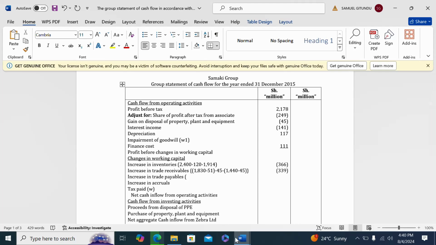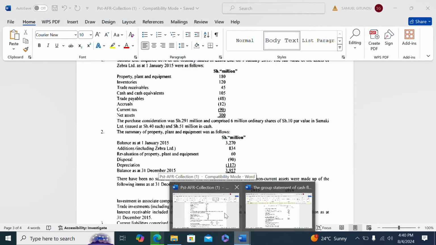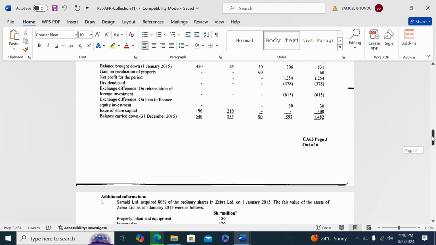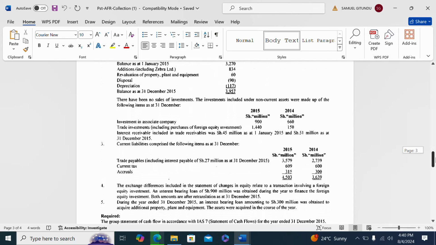Then we go to increase in trade payables. So we check how much was the trade payables at the beginning of the year and at the end of the year. From the balance sheet, all the current liabilities have been combined, but in the additional information number 3, the current liabilities have been split into their respective portions.